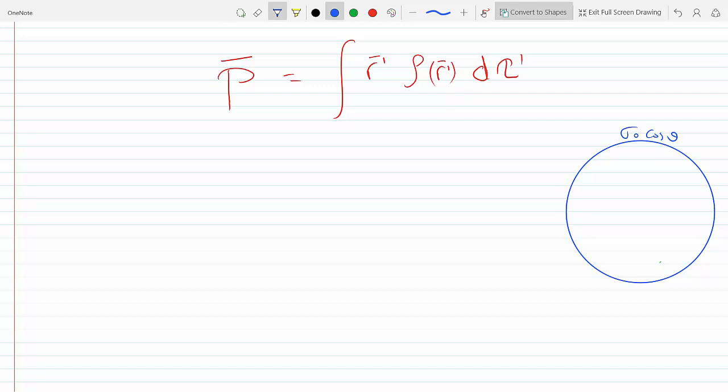So we know we have symmetry, and we know that the dipole moment will point in the z direction.